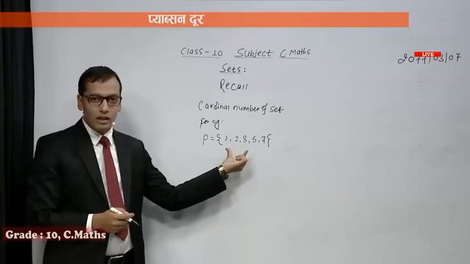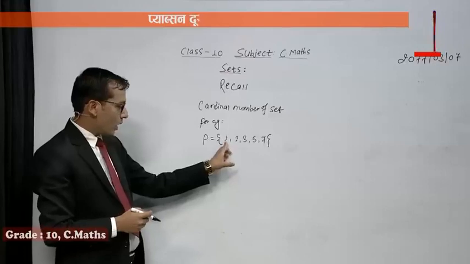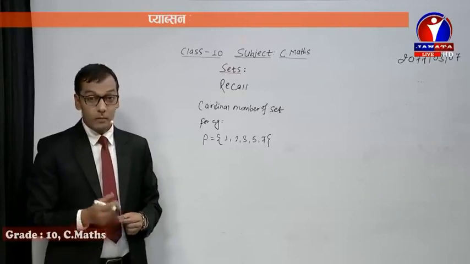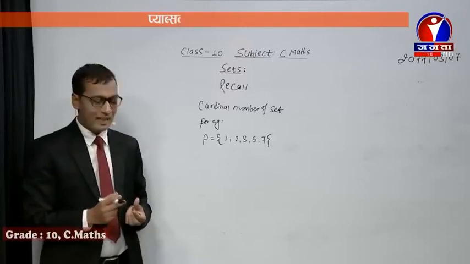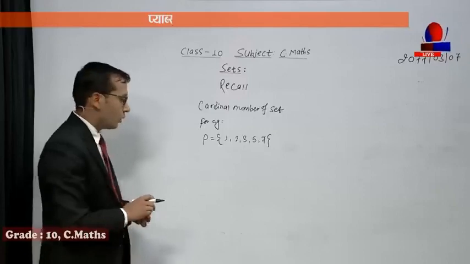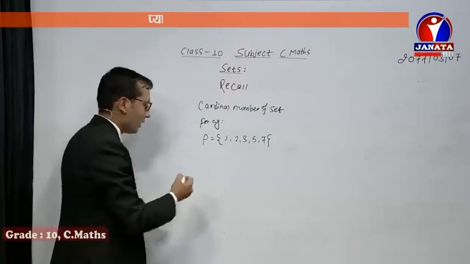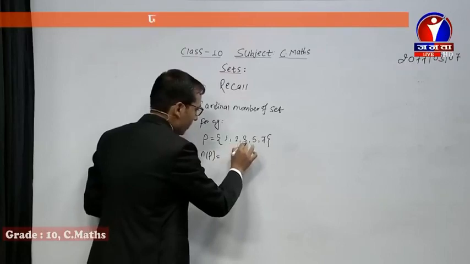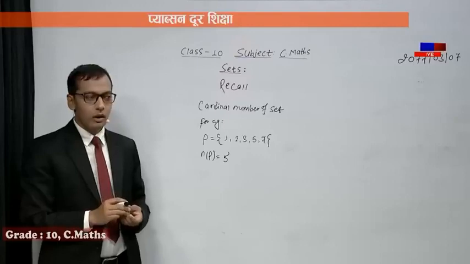Let's count how many elements are contained in set P. There are 1, 2, 3, 4, 5 elements contained by set P. So the cardinal number of a certain set is the total number of elements, the total number of objects contained by it. How many elements are contained by set P? That gives the cardinality or cardinal number. So n of P is 5. This is the cardinal number of a set.